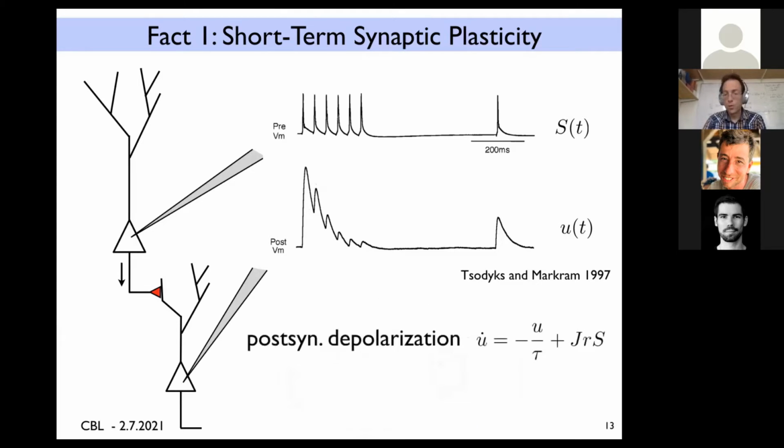Now, this short-term plasticity can be described with a set of equations, the so-called Markram and Tsodyks model, where U is the depolarization and has some leak term and some amplitude term. Importantly, S I take as Dirac delta spikes. The amount by which the membrane potential increases is not fixed, but depends on this resource variable.